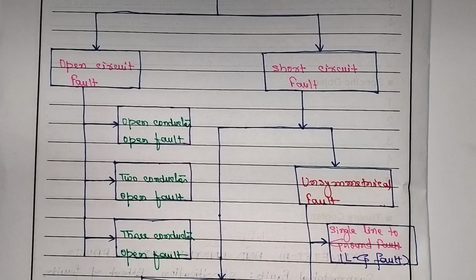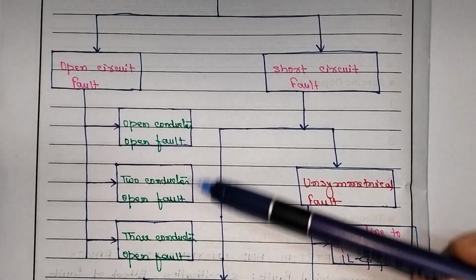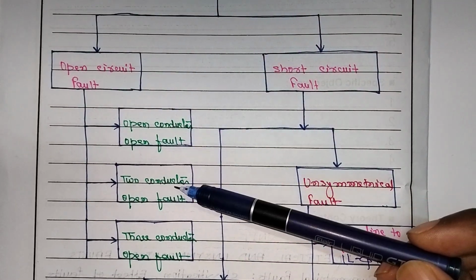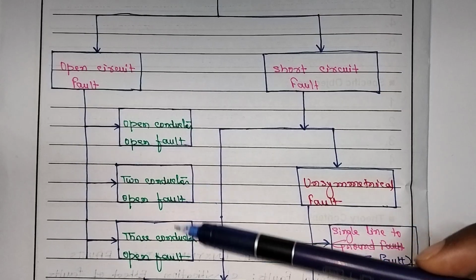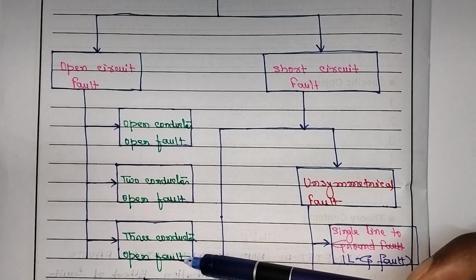This interrupts the current flow. Open circuit faults are classified into three types: single conductor open fault, two conductor open fault, and three conductor open fault.